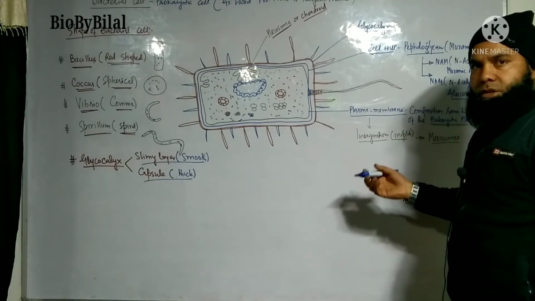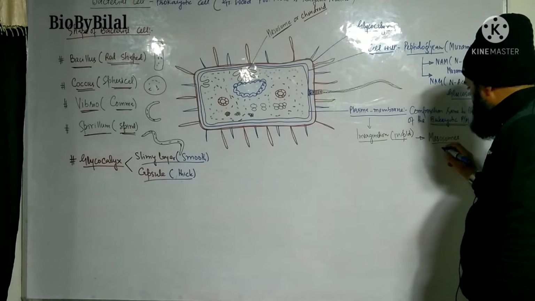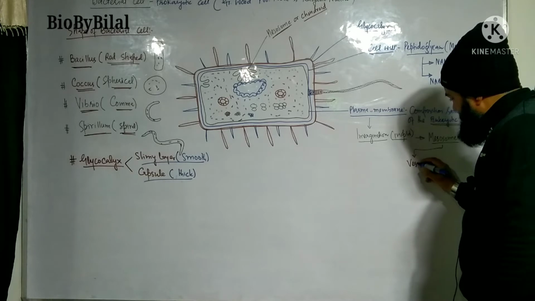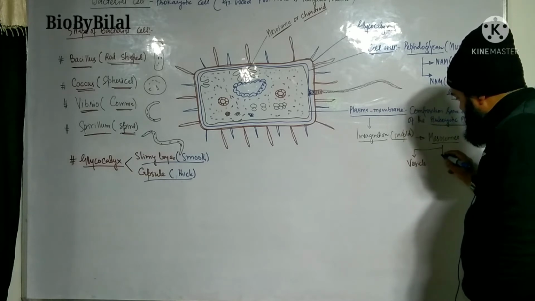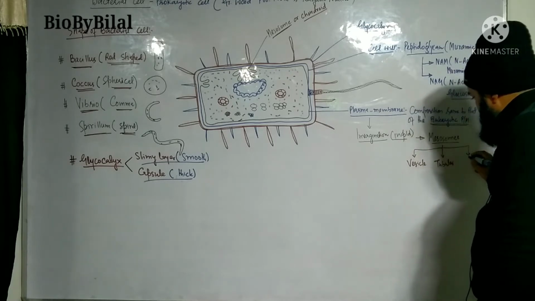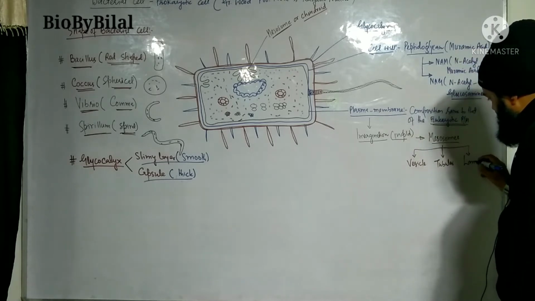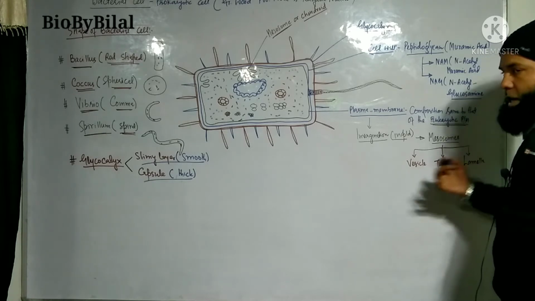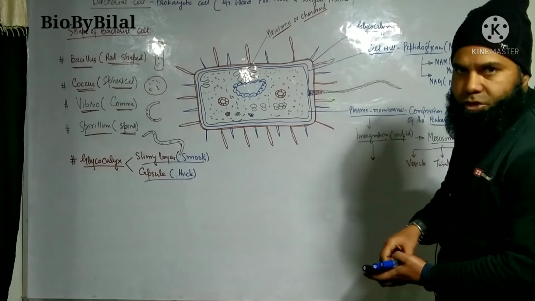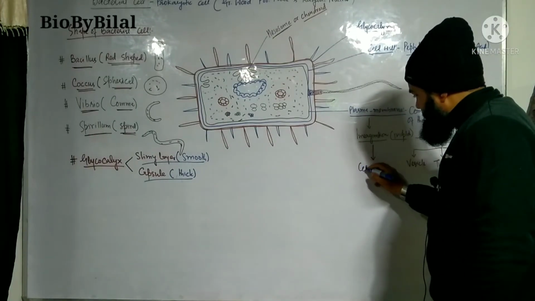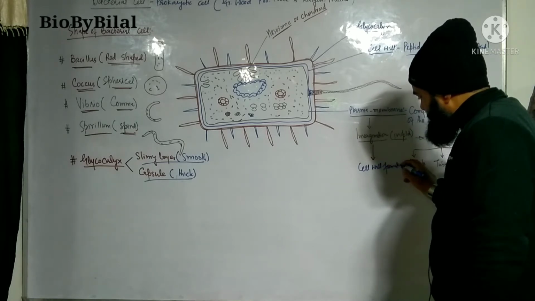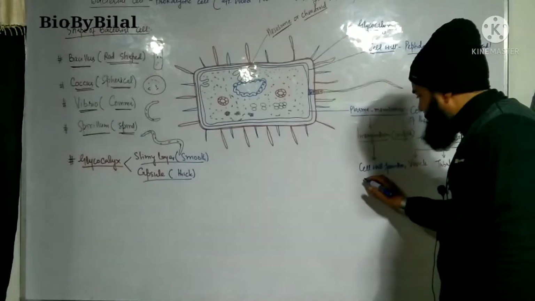And this invagination may be a vesicle, it may be tubular, and it may be lamellar. As far as the function of the mesosome is concerned, it has many functions like cell wall formation. Then it helps in DNA replication.